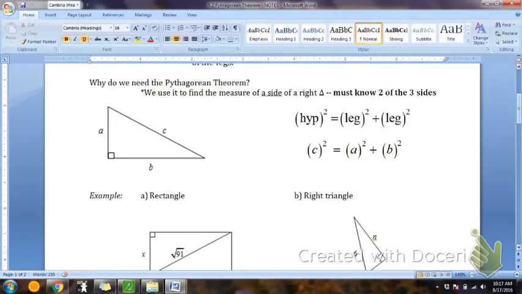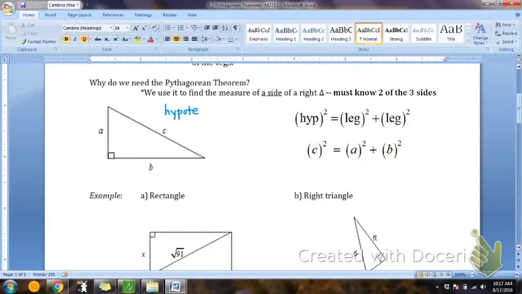So the side that is across from the right angle is always going to be called the what? Do you guys remember? We talked about it a little bit the other day. Hypotenuse. Okay, so this side is called the hypotenuse.